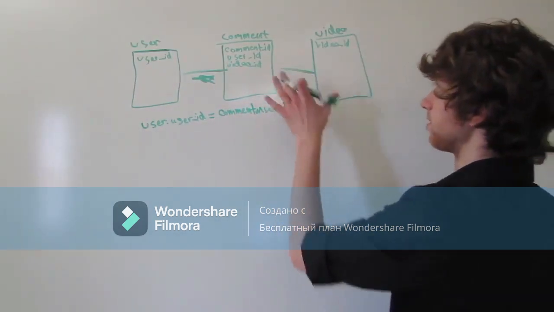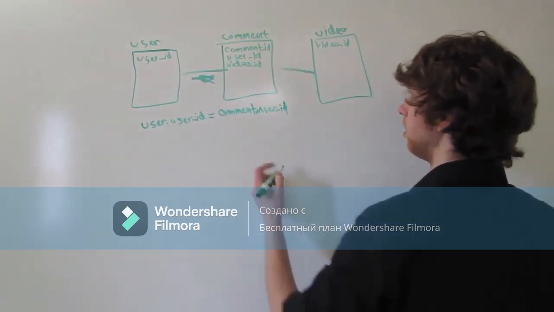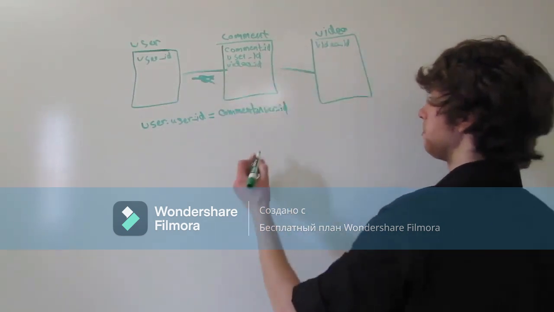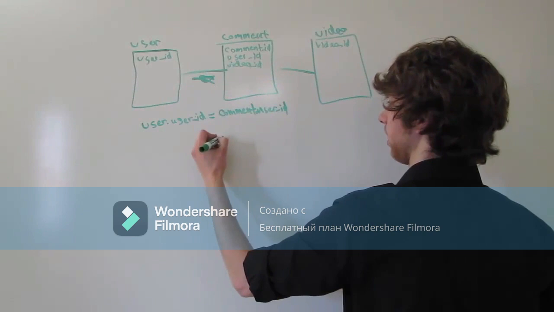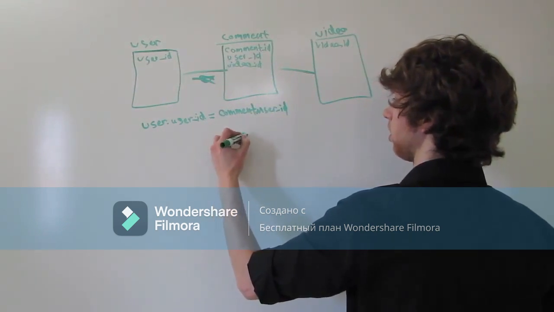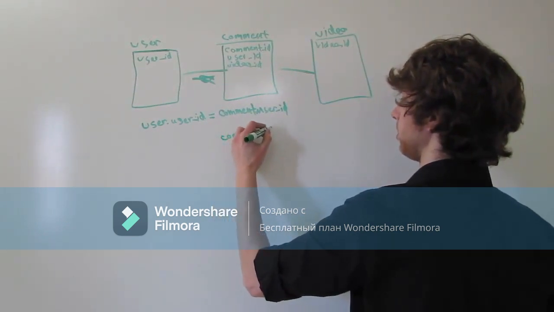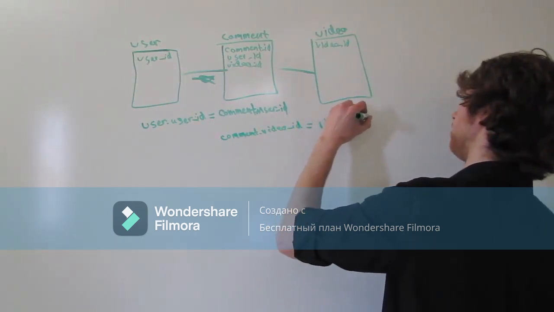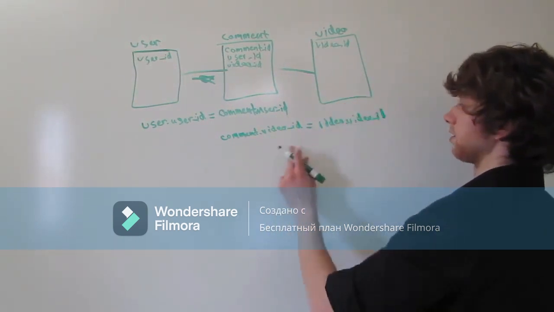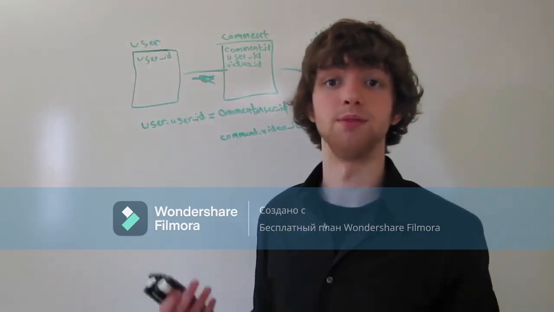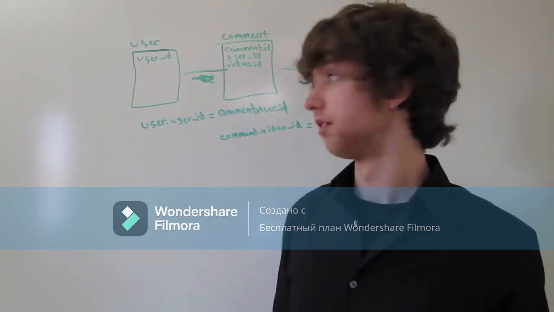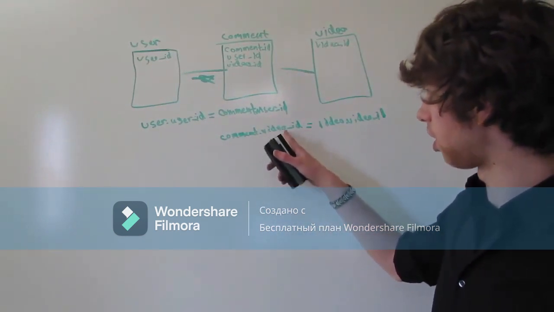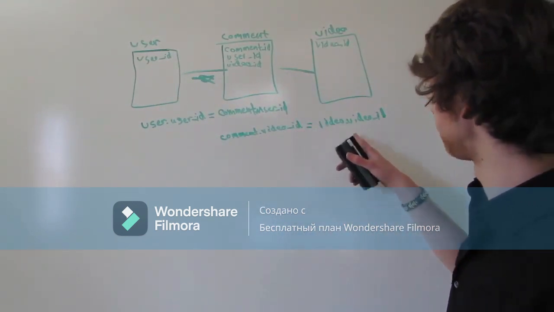Now we're going to have a second join condition between these two. And the only thing we can use is the video ID because it's the only thing in both tables. So we're basically going to have comment.video_id equals video.video_id. We have to say what table they're in because the column names are in multiple tables, so we have to use the dot syntax: table dot column equal to table dot column.